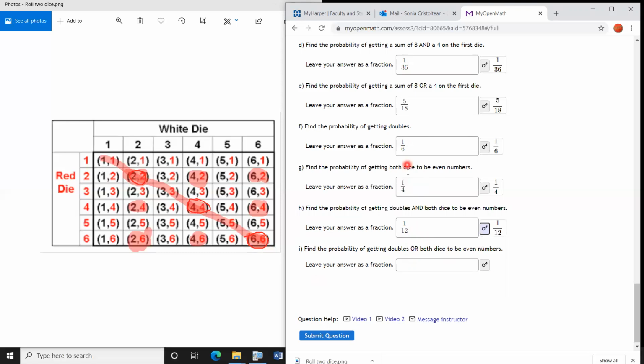Now, I will change all of this to a common denominator of 36. It will be a lot easier for me to do the work. So basically what I will do to answer this question, I will start with this one, probability of getting doubles, which is 6 out of 36. And I'm changing 1 over 6 to 6 out of 36 because I have to perform some addition and subtraction. I need a common denominator.